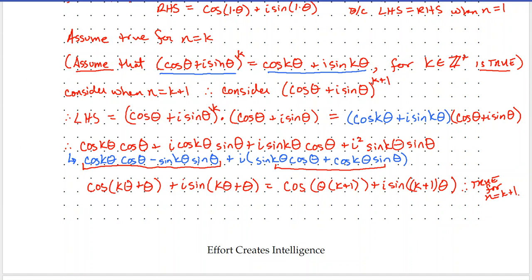Our final step then becomes our conclusion.